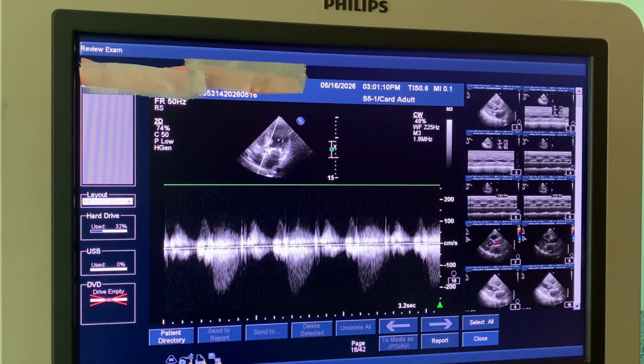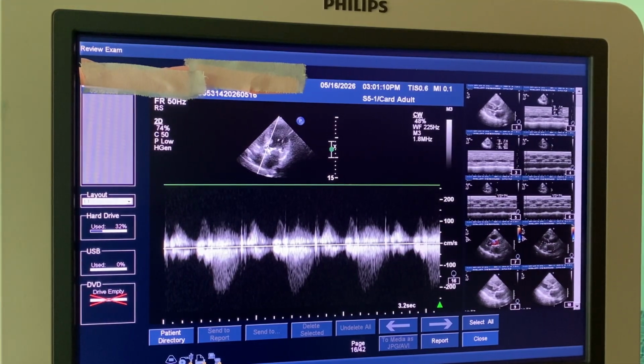So first thing, we are dealing with velocity. Velocity is number one. We have to make sure that you are measuring maximum velocity, with no underestimation. If there is a chance of underestimation, that's why it is recommended to take from multiple views.